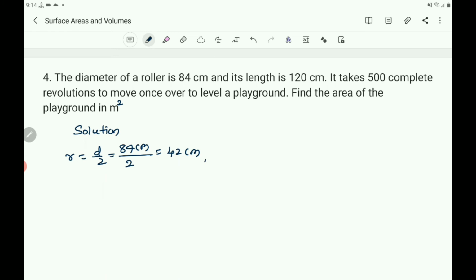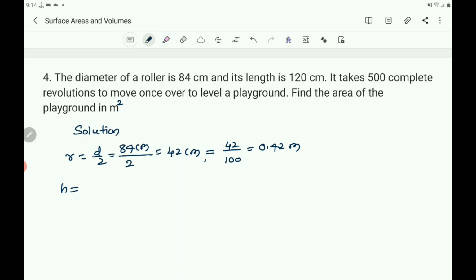Then you convert that into meter, because the area of the playground is to be found out in m square. Then that becomes 42 by 100, that equals 0.42 meter.